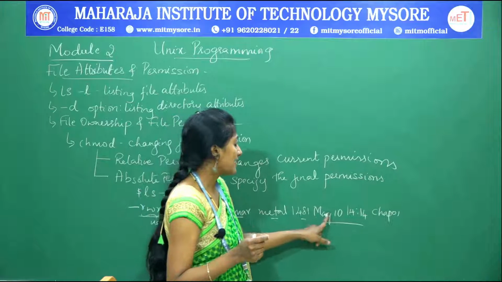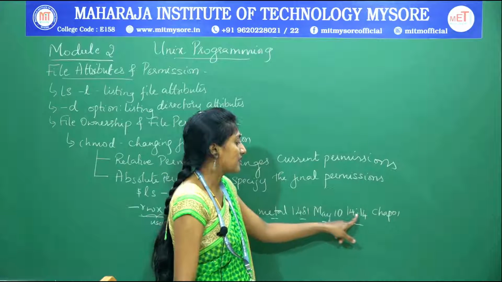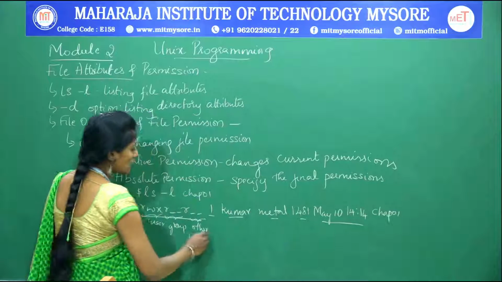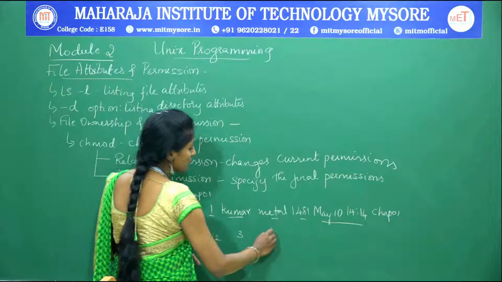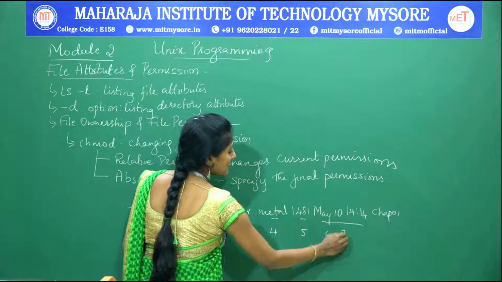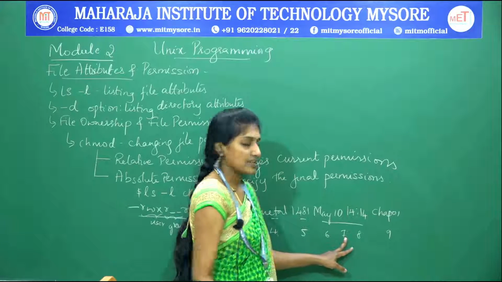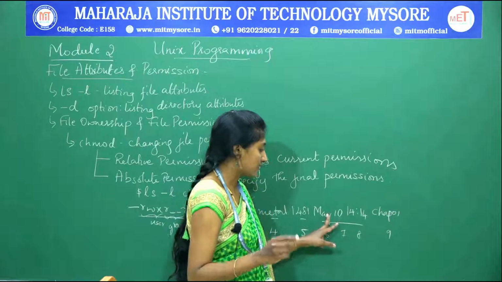Next, the next 3 outputs, that is the last modification time, the 6th, 7th and 8th columns. This is the first column, second, third, 4th, 5th. This is the 6th, 7th and 8th, and this is the 9th column. So 6, 7, 8 represent the last modification time of this file.